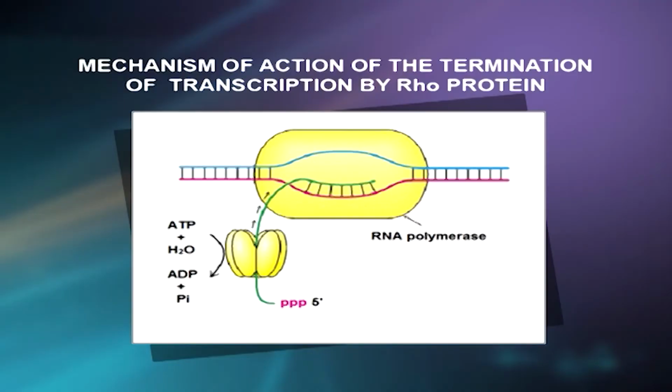Hexameric Rho, which is structurally similar to and homologous to ATP synthase, specifically binds single stranded RNA. A stretch of 72 nucleotides is bound in such a way that the RNA passes through the center of the structure. Rho protein is brought into action by sequences located in the nascent RNA that are rich in cytosine and poor in guanine.